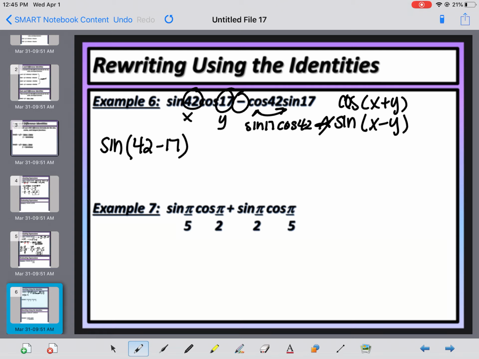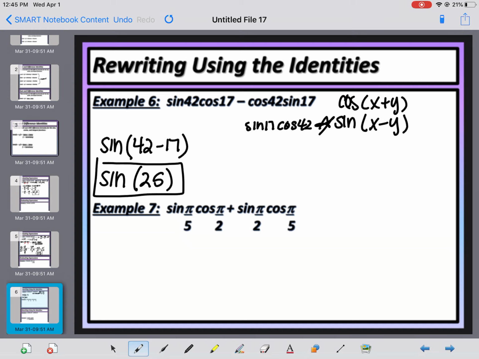All I did here is compare the problem that I was given to my identities and see which formula it matches. Then you want to fully simplify inside the parentheses if possible. So we're looking for sine 25.